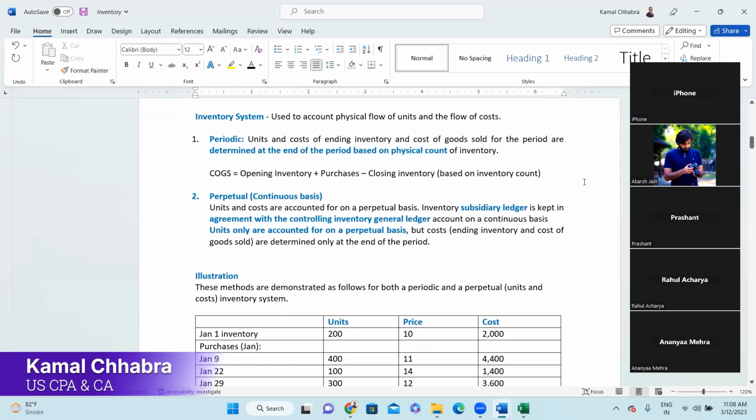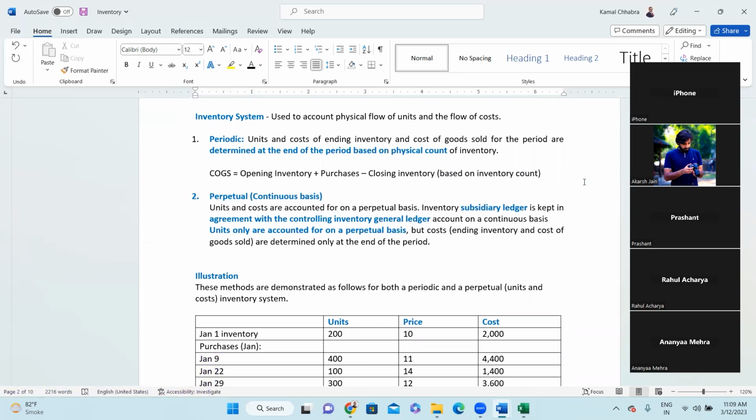So the first one is periodic inventory system. In that, the units and cost of ending inventory and cost of goods sold for the period are determined at the end of the period based on the physical count. Like I said earlier, when you are using periodic inventory system, it is based on the physical inventory count at the period end.